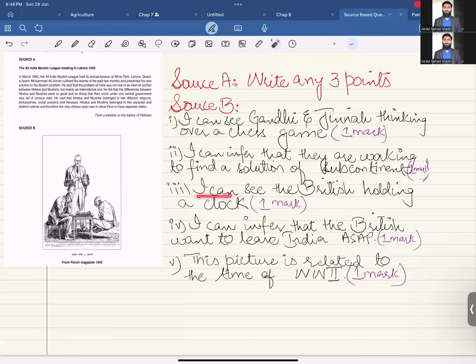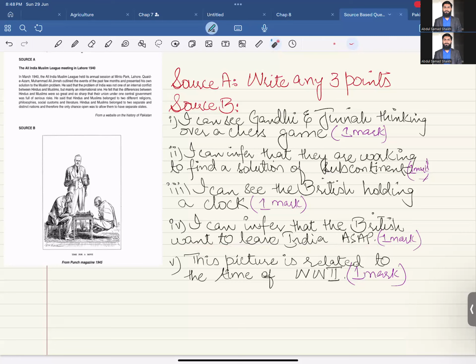I can see the British holding a clock. If you can see in the picture, there is a British man and he's holding a clock in his hand. So yes, this is something that we have written. I can see the British holding a clock. Now what will we do again? I can infer that the British want to leave India as soon as possible.